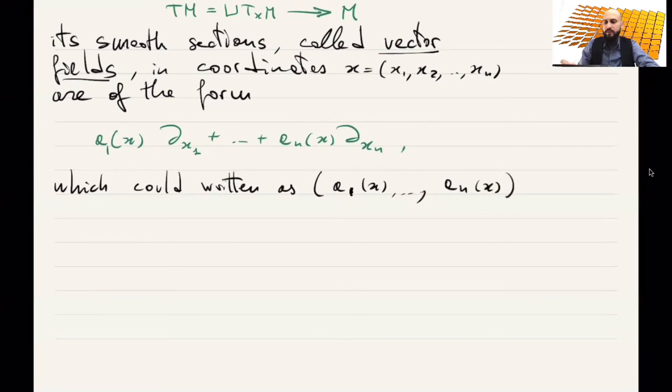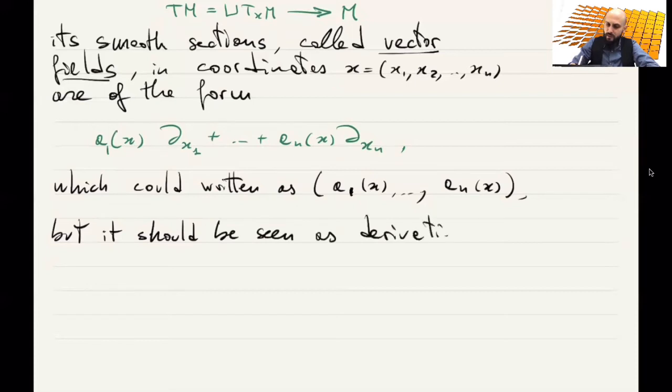This is how you write a vector field in calculus, just an n-tuple of functions. But we might write them like this, and we will really think of them as derivations. How?